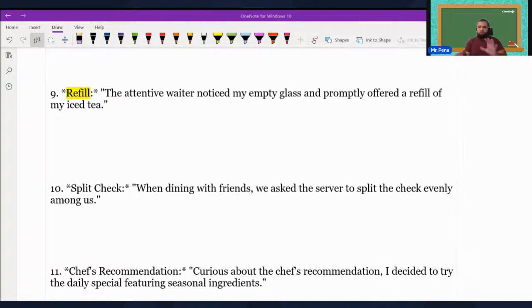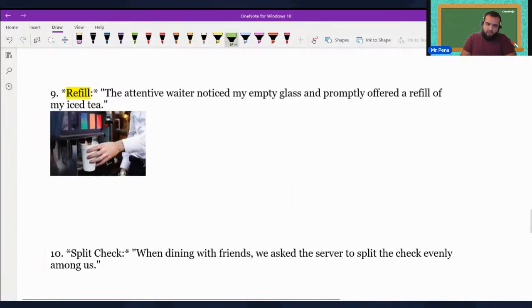You know, when you refill a drink at the bar. So when you want to drink something and you refill it, you fill it up again. So you tell the waiter, I want a refill. Very simple.